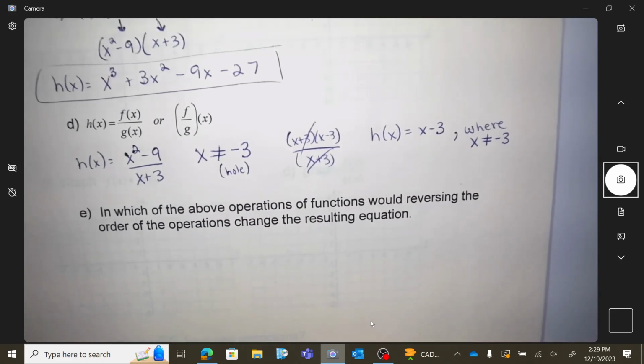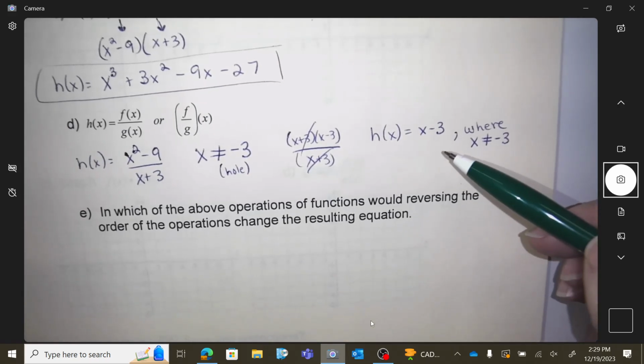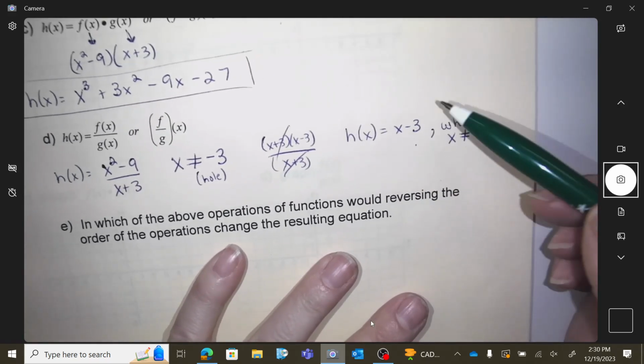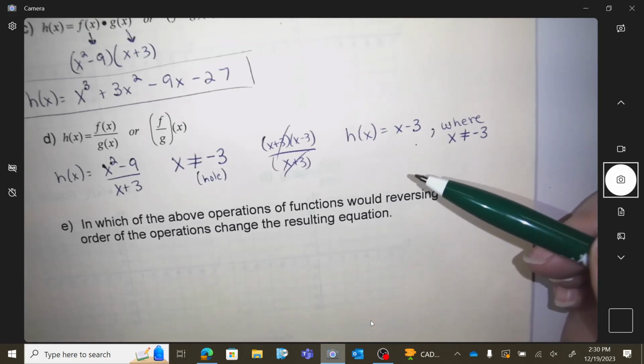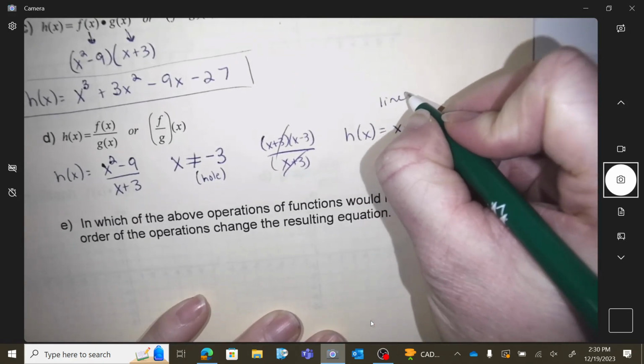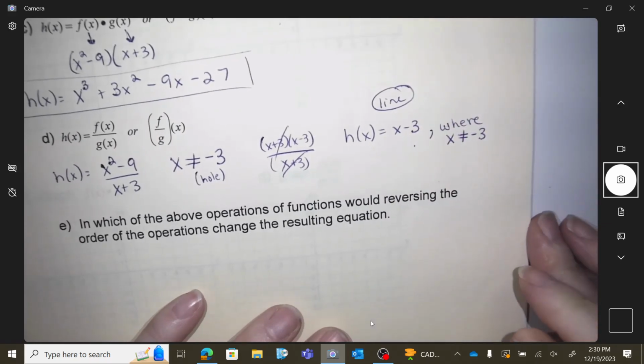Okay, what if I went further and I said graph this new function? What does the graph of this look like? What is the shape it draws from your past experience? It is a line. And what else do you know about this line?